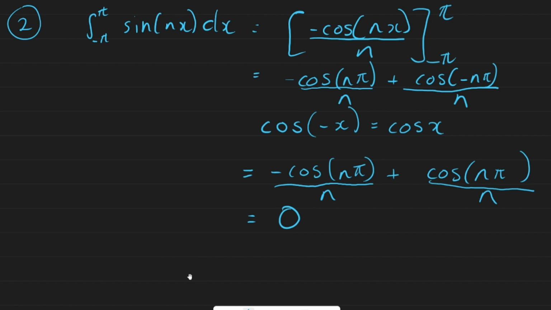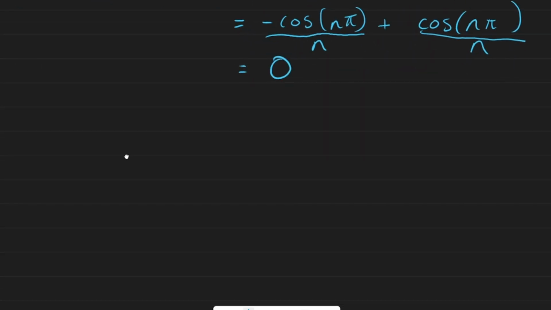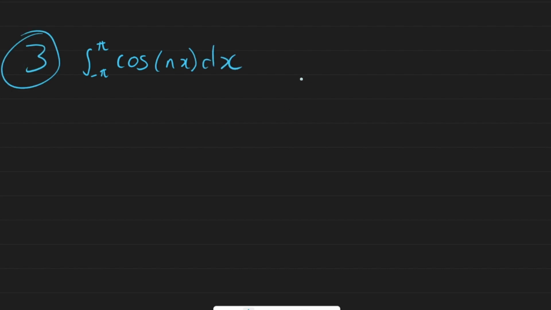So the third integral that we're going to look at is simply cos. So we have the integral from minus pi to pi of cos nx dx. So this is the third one. And the integral of cos is just sine.